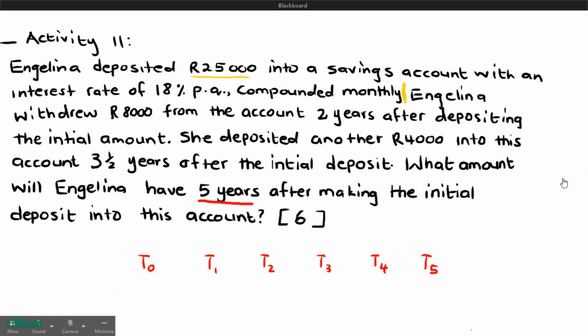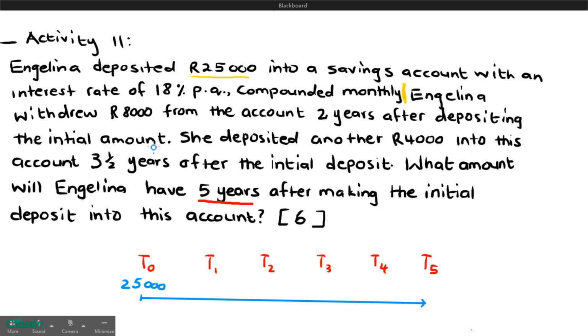So initially, Angelina invested 25,000. Let's write it here. She invested 25,000. But this investment has to run for how many years? For 5 years. From here, it must run until the 5 years.